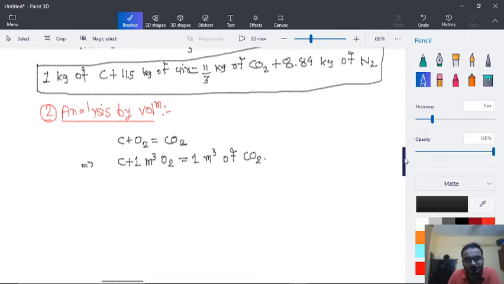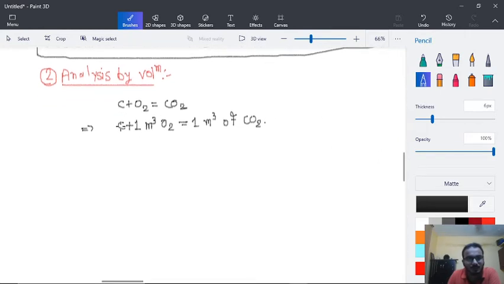So here we will not write any meter cube for carbon because this is in solid form and we cannot have a complete analysis based on the volume for the solid fuel. So we will keep it as it is. And here, if 1 meter cube of O2 is present, then we can obtain the volume of air which is required.